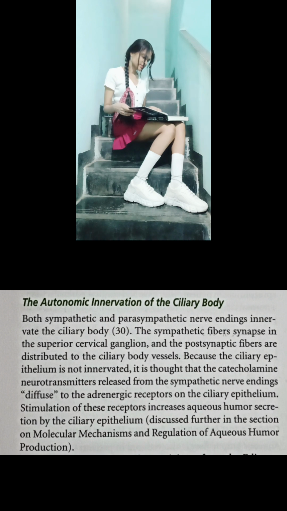Because the ciliary epithelium is not innervated, it is thought that the catecholamine neurotransmitters released from the sympathetic nerve endings diffuse to the adrenergic receptors on the ciliary epithelium. Stimulation of these receptors increases aqueous humor secretion by the ciliary epithelium, which is discussed further in the section on molecular mechanisms and regulation of aqueous humor production.